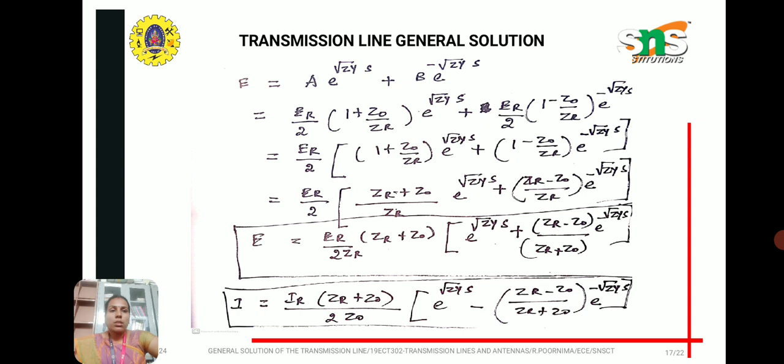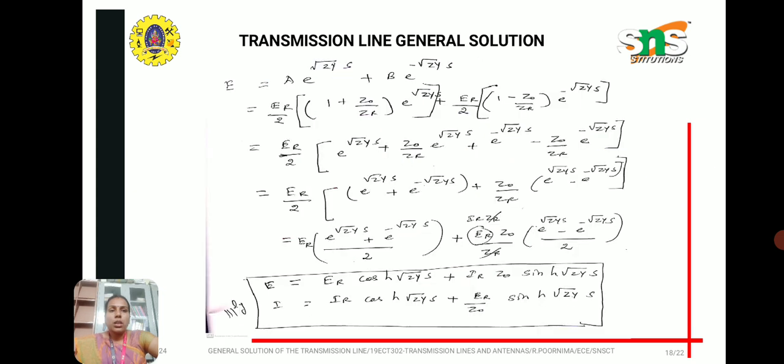This is one standard form of general solution, in the form of e power values, and another form is in terms of cosh and sinh. In this other form of general solution, E equals ER cosh of square root of ZY times s plus IR into Z0 sinh of square root of ZY times s, and similarly for the current.